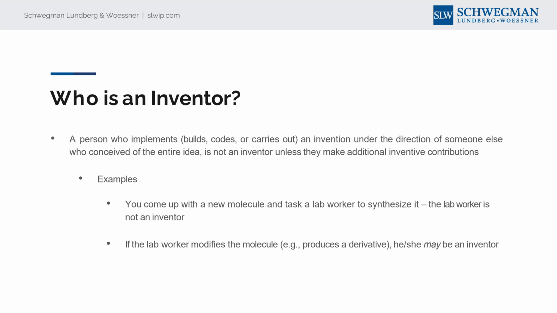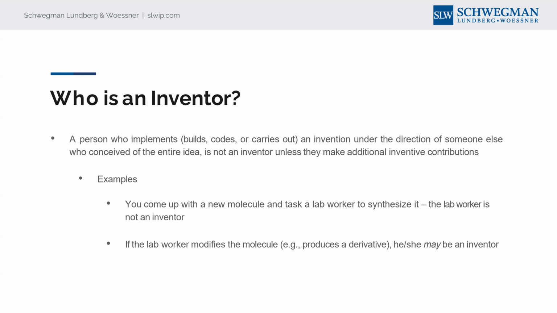This is where it can get kind of sticky, though. I'm going to use a university as an example. Say you have your professor, PI, postdoc, and maybe a graduate student.